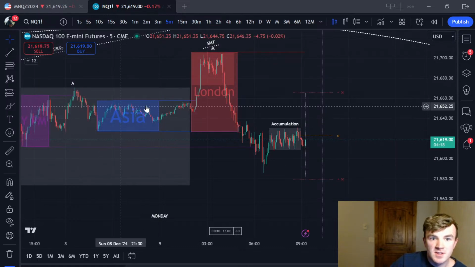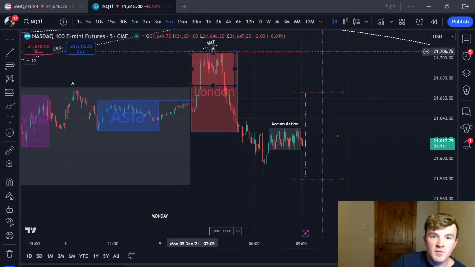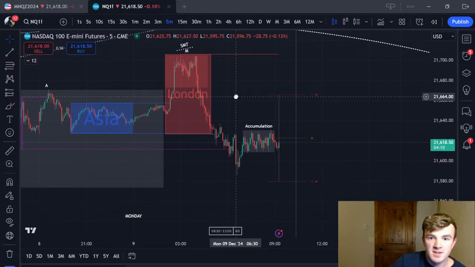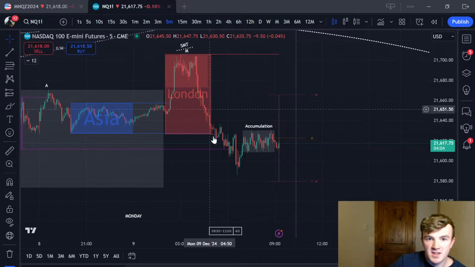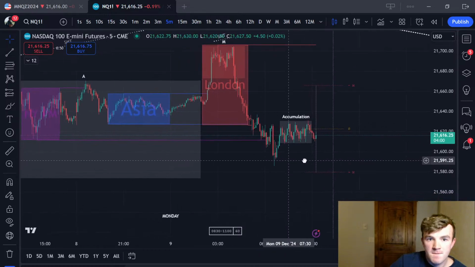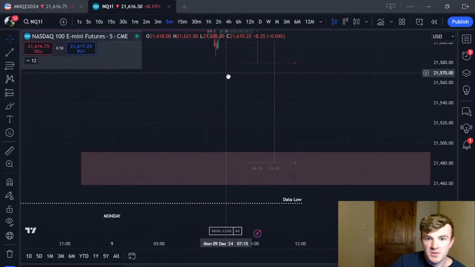Asia consolidates, London, we don't have a key level, but we do get SMT, and you're not going to have a key level at all-time highs. So SMT, London pushes above Asia, and then I would expect probably a continuation in New York.